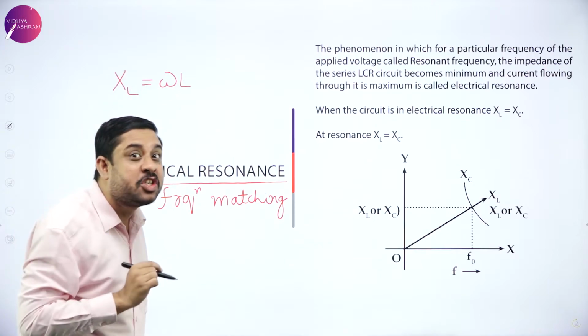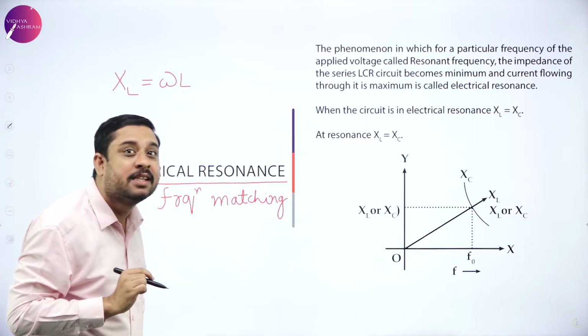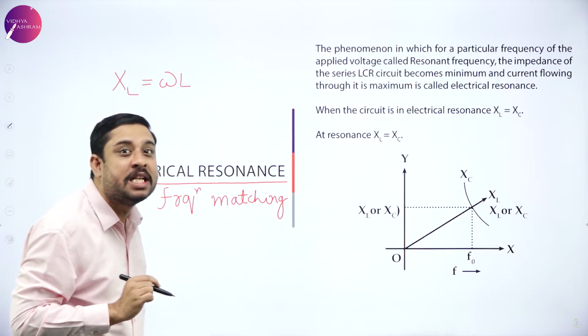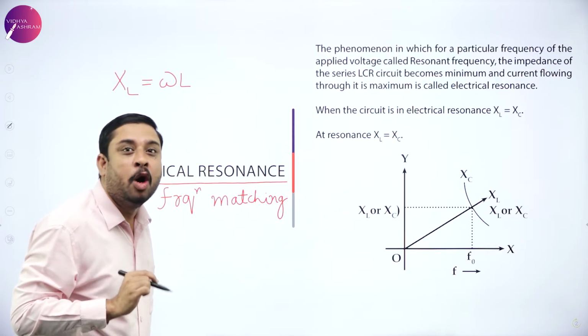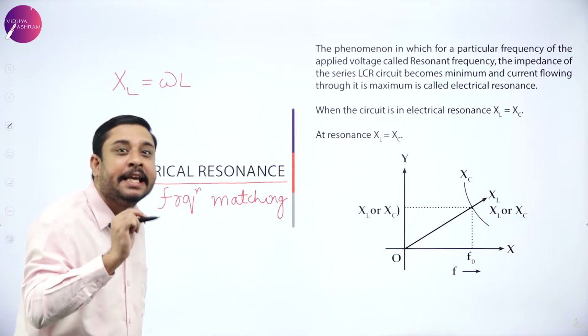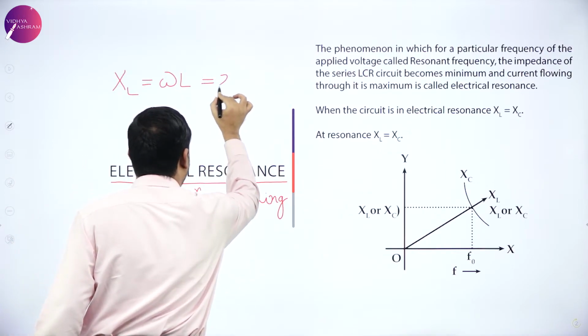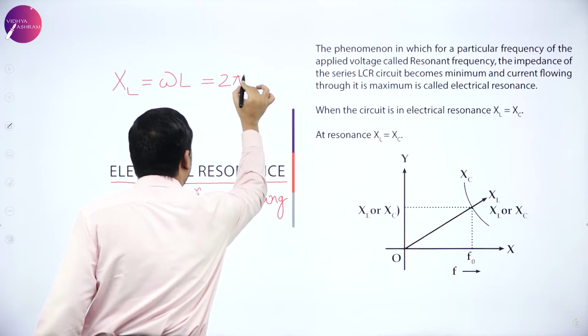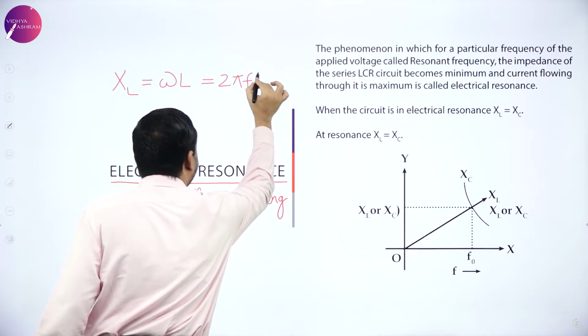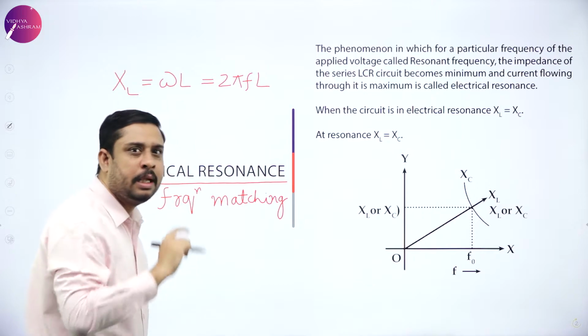Remember my derivations in the previous class. Angular frequency, omega was 2 pi f. Therefore, this is equal to 2 pi fL.